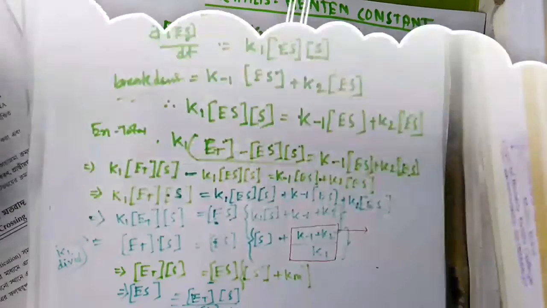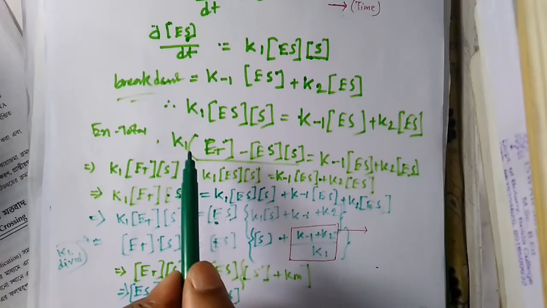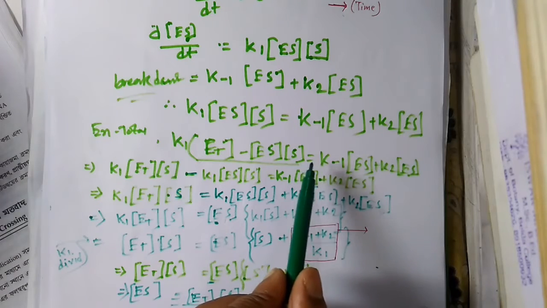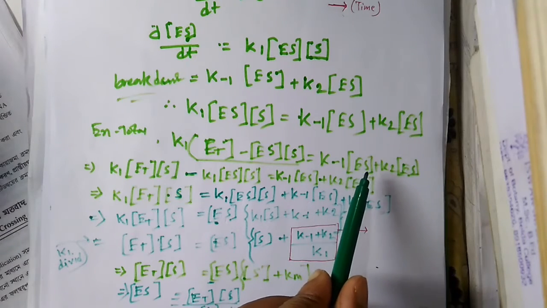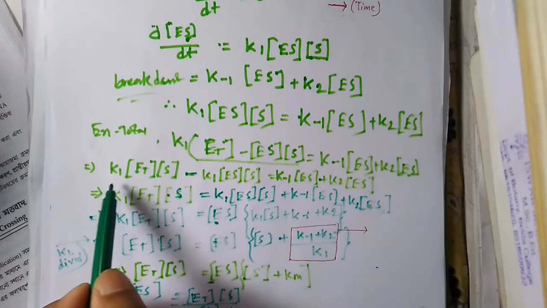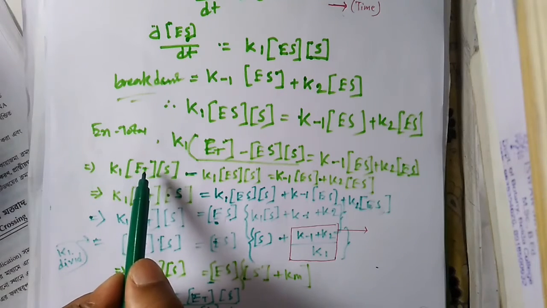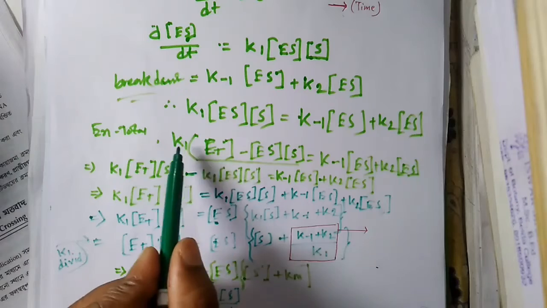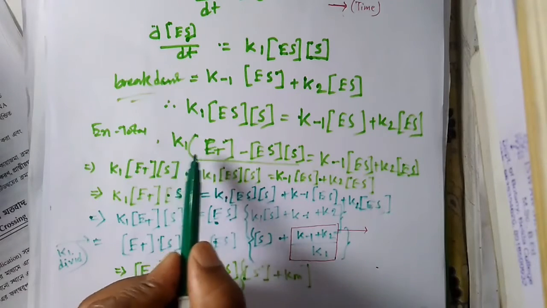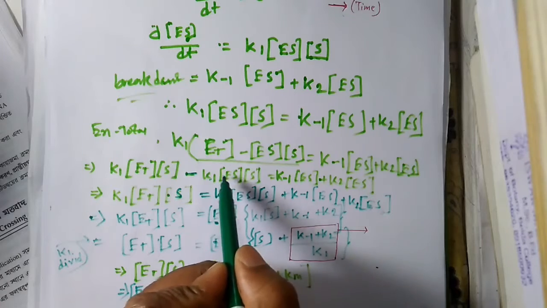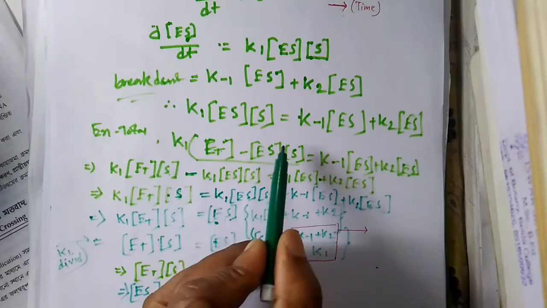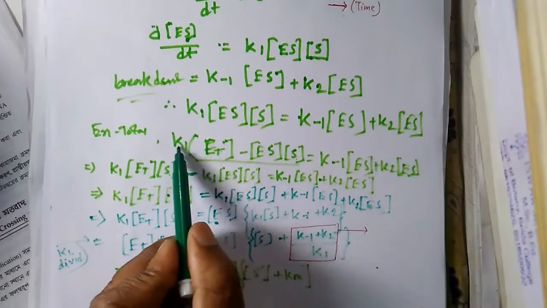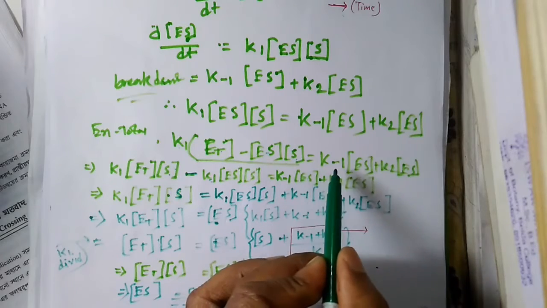So K1 times (E total minus ES) times S is equal to K minus 1 ES plus K2 ES. Expanding, we get K1 ET S minus K1 ES S.